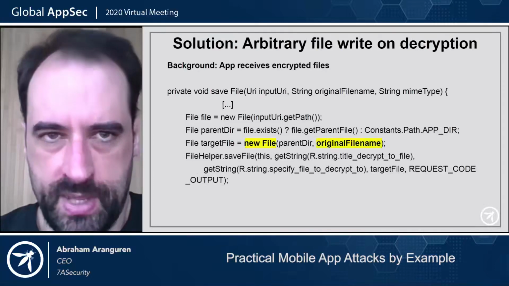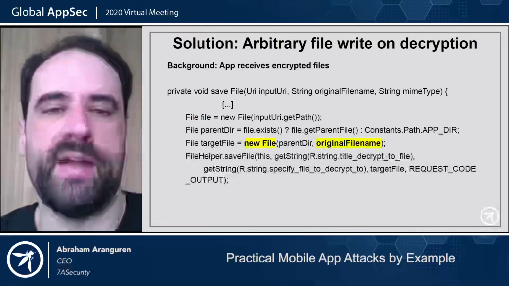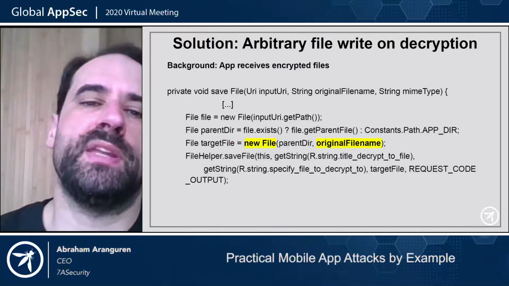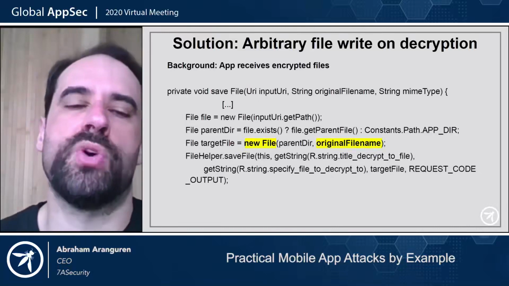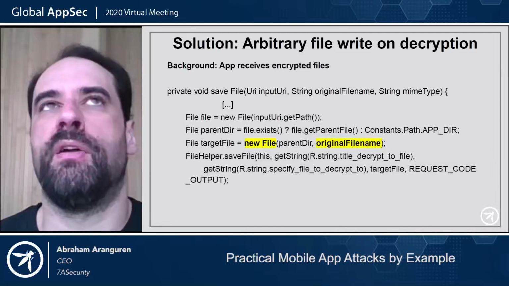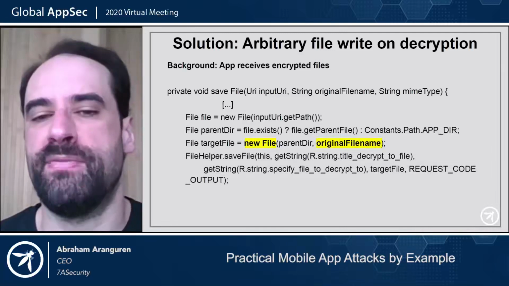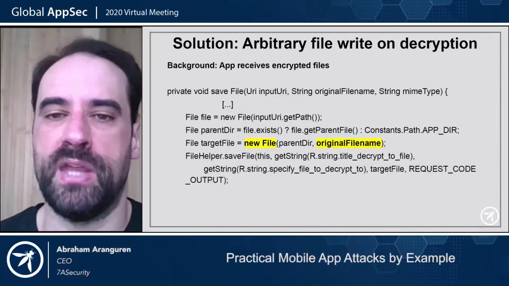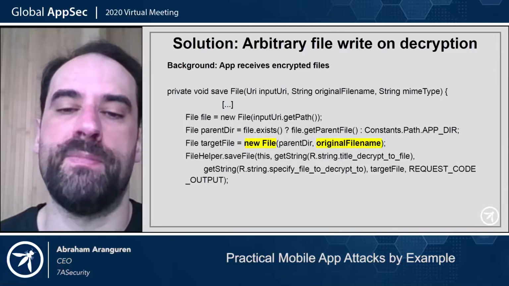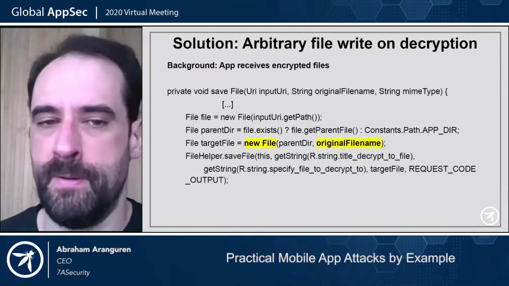Now I'm going to jump to the solution, right? So we have an arbitrary file write on decryption. The application receives encrypted files, right? So one user sends an encrypted file to another, and you encrypt both the file itself as well as the file name, right? So the application decrypts this and then gets the original file name and creates a new file with the original file name that the user intended.